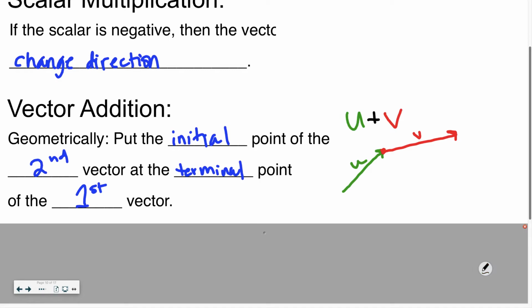And then when we connect these two, there's u plus v. Your book calls it tail to head addition, because we're talking about the tail and the head of the vector. But basically you stack those vectors together, first one and then draw your second one, and when you connect them, that would be the sum.